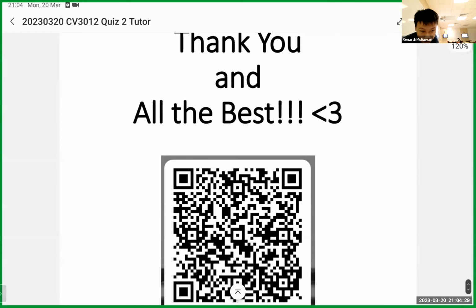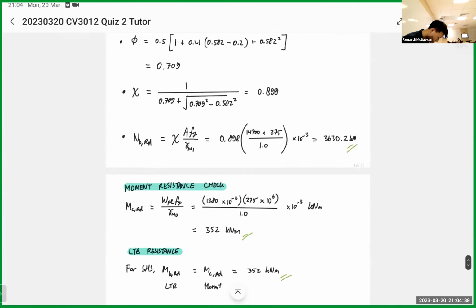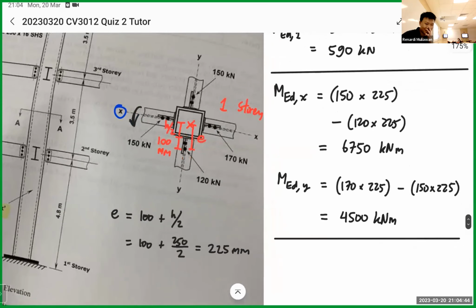Let me see the chat first. MEDX is 6750. 30 kilonewtons times 225 is 6750, right? I don't know what's wrong with this, because if the moment fails, it cannot even support one story.